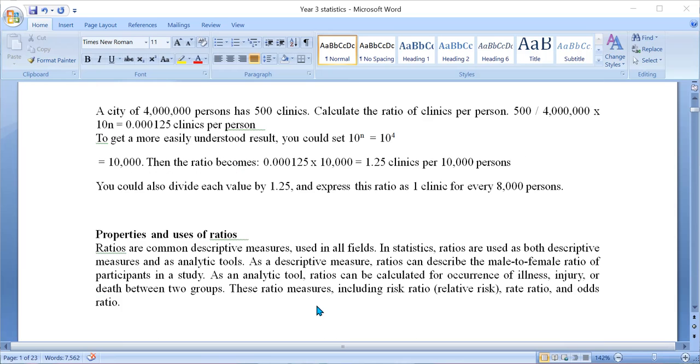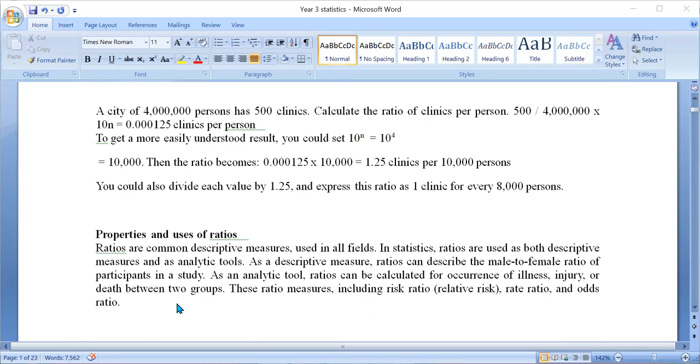That's what we mean by it being used as a descriptive measure. Okay. So as a descriptive measure, ratio can describe the male to female ratio of participants in a study. Then as an analytical tool, ratio can be calculated for occurrence of illness, injuries, or deaths between two groups.